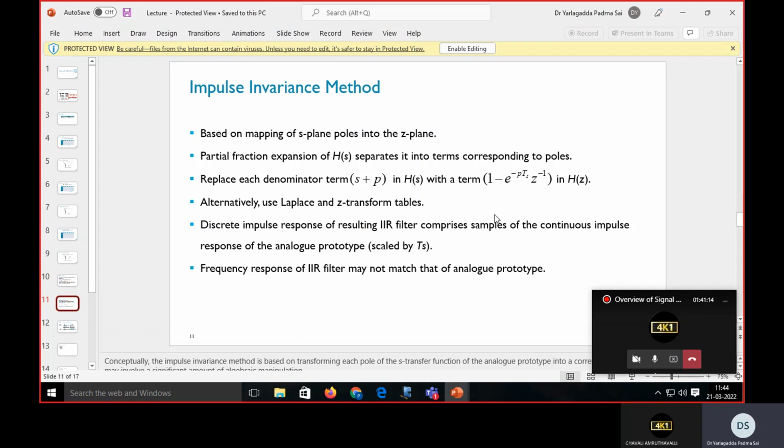And when you are transforming s to z, don't memorize these equations. The book mentions the equation for transforming an s pole to a z pole, but you can directly write it. All of you are familiar with the inverse Laplace equation. That is a one-step process.